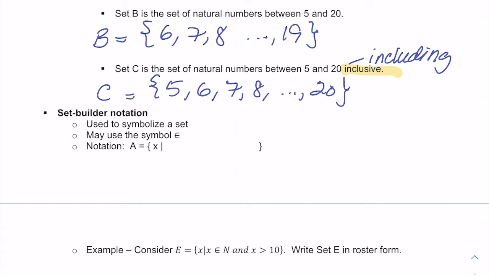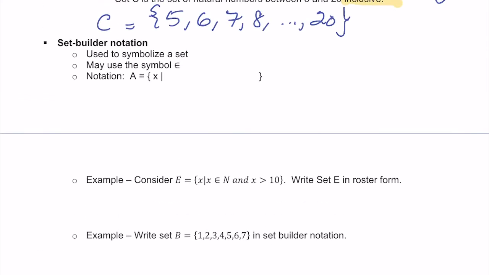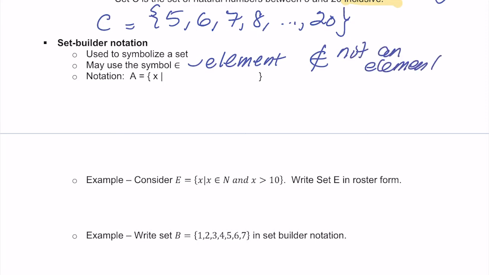One of the other ways that we can indicate a set is through set builder notation, which uses this fancy notation, this letter E, which means element. You can also say not element by putting the E with a slash through it. So it just means it doesn't belong.